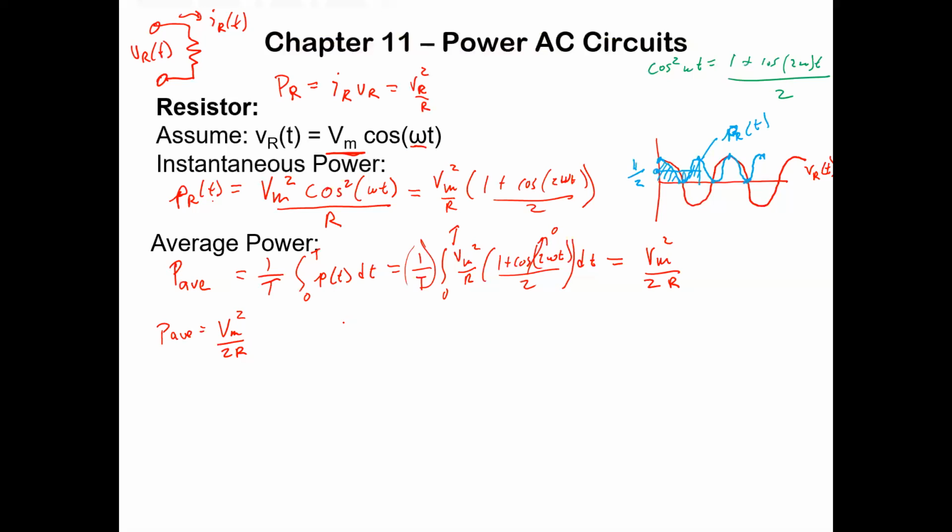These things are kind of jumbled together here, but basically, you can think of it a different way. P average? It would be nice if we could talk about P average, because you've got this Vm squared over 2R, and if we can get rid of that 2, if we can make this new term, and we just talked about what's the effective voltage squared over R, it would look kind of like DC power.